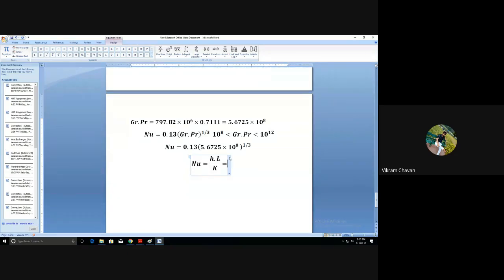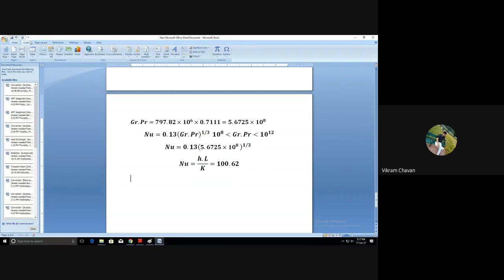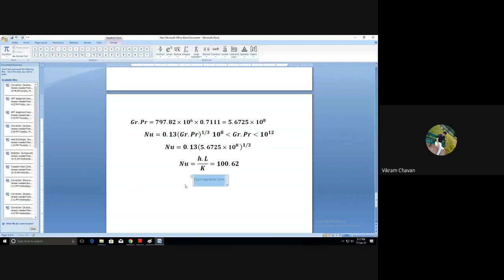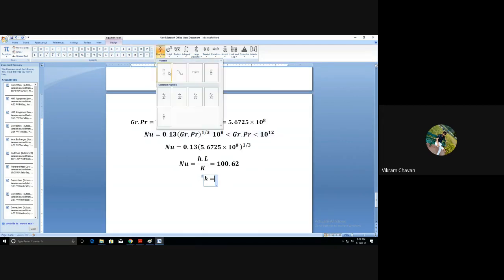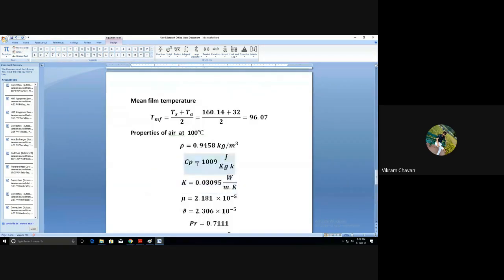100.62. Okay, everyone getting this value 100.62. Then calculate the h value now. h is equal to 100.62 multiplied by k. How much k are you getting? Check the property table.